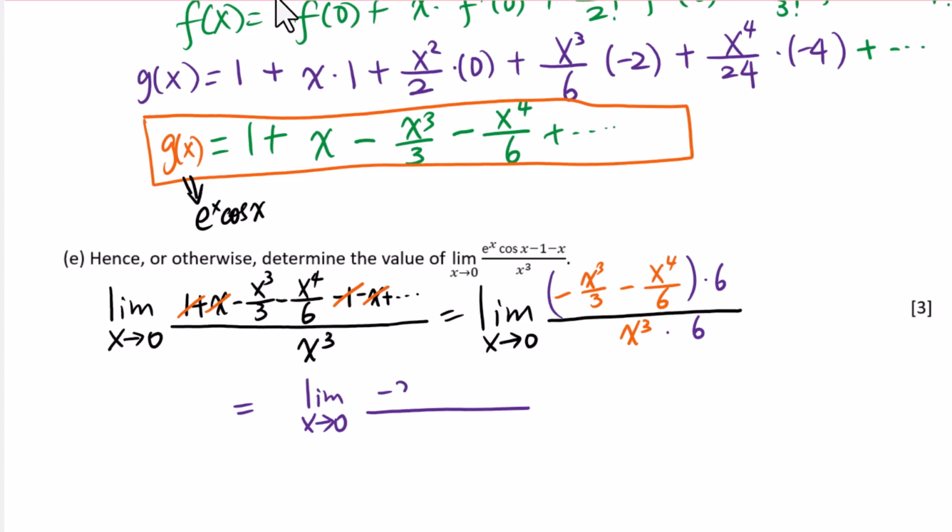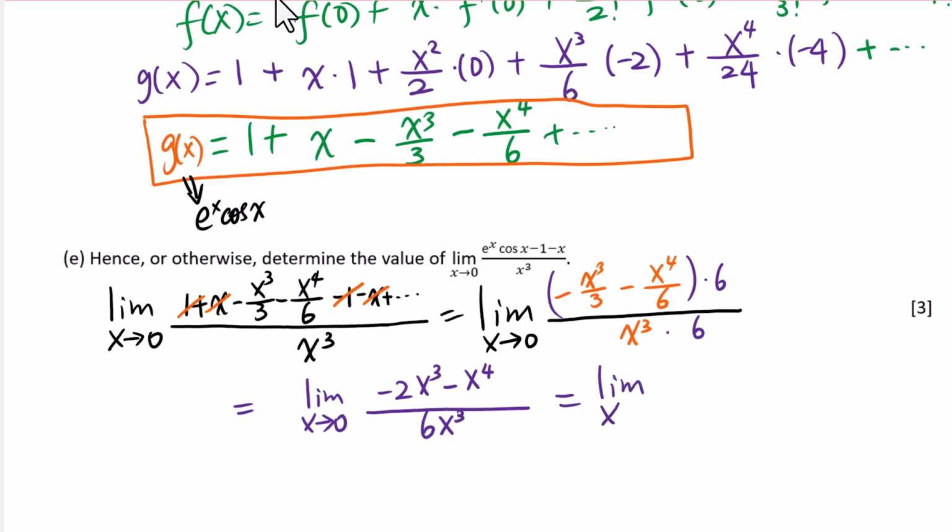We got negative 2x to the third power minus x to the fourth power over 6x to the third power, divided by x to the third power top and bottom.